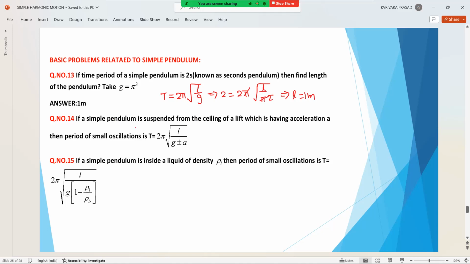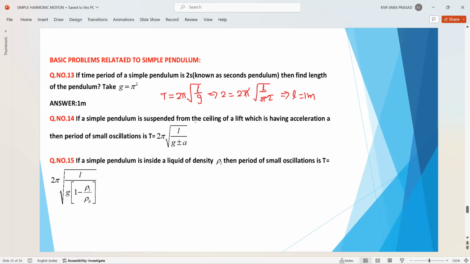If a simple pendulum is suspended from the ceiling of a lift, which is having acceleration a, then period of small oscillations is 2 pi root of L by g plus or minus a. See how to get this one. So when it is in a lift, when we see from ground frame, simple pendulum moves along with the lift and at the same time it makes oscillations inside the lift.